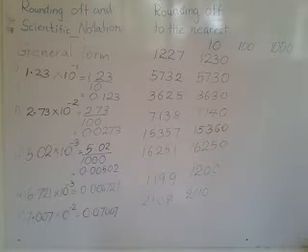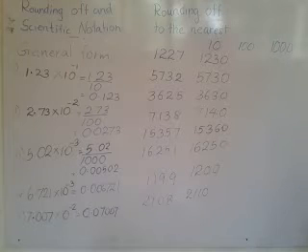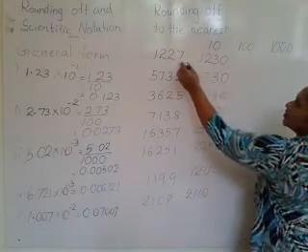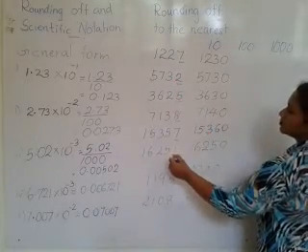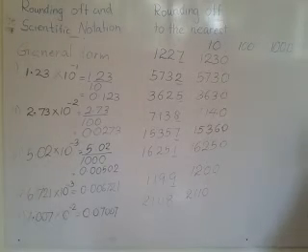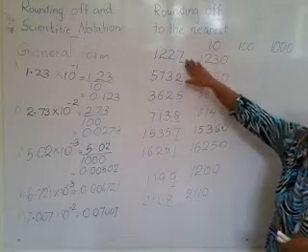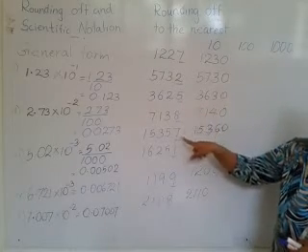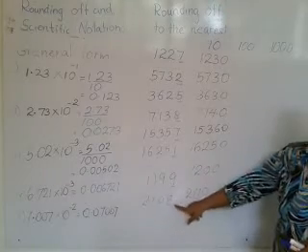I am going to explain it in another way also. If it is the nearest 10, we have to consider the last digit and check whether it is 5 or more, or less than 5.